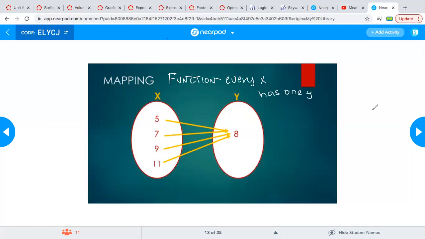Is this a function? Yes. Every x only has one y. Even if they're all sharing the same y, they all have one y. Do we feel confident with mapping?